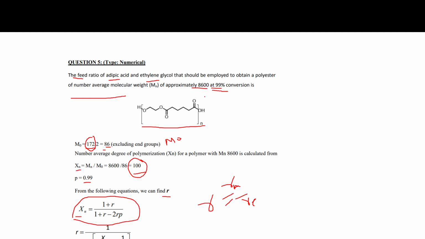So we only have to know that equation, the relation between the degree of polymerization, extent of reaction and reactivity ratio. If you know this equation, we can calculate xn bar from the molecular weight value, we know the extent of reaction p, so we just have to put these into this equation and we can calculate that reactivity ratio. Did you understand?